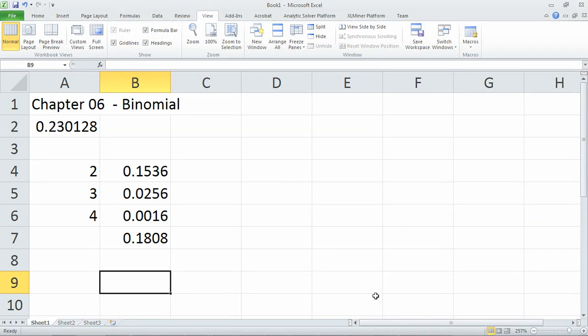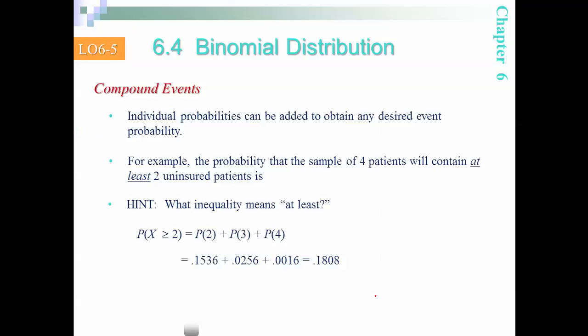Now another way to do this would be to use the cumulative distribution, and the cumulative, well, we'll get to that in just a second actually, let me not get ahead of ourselves.